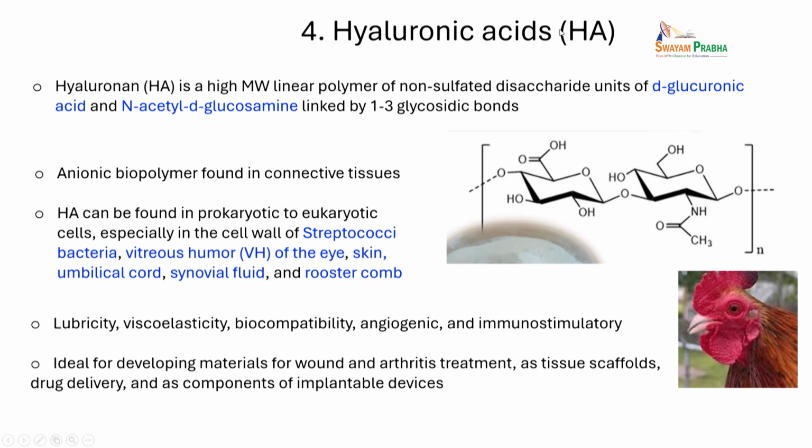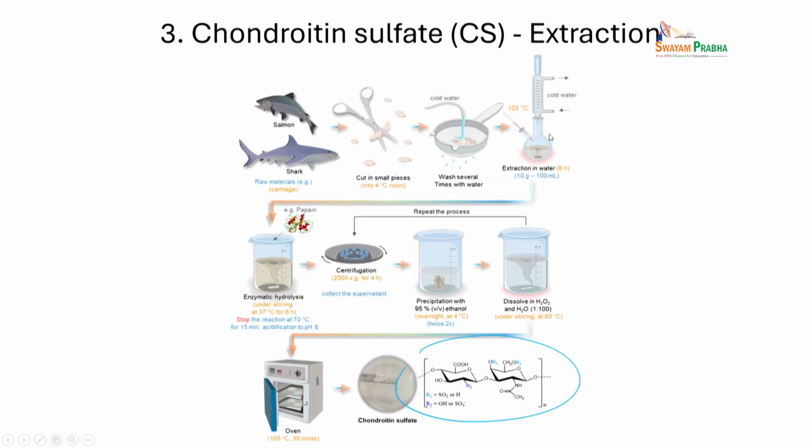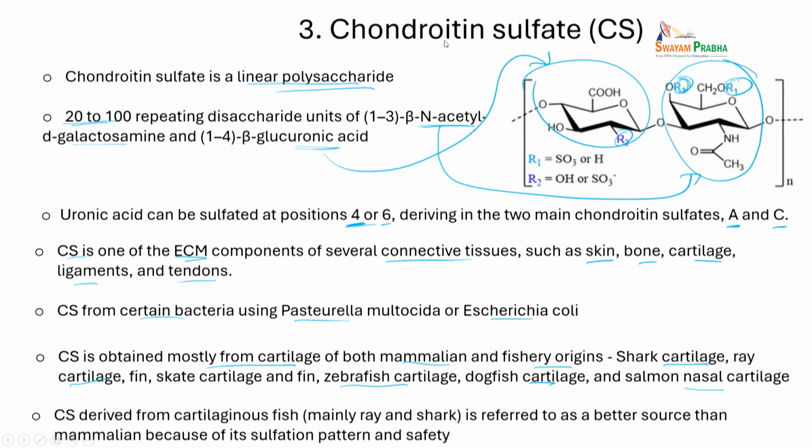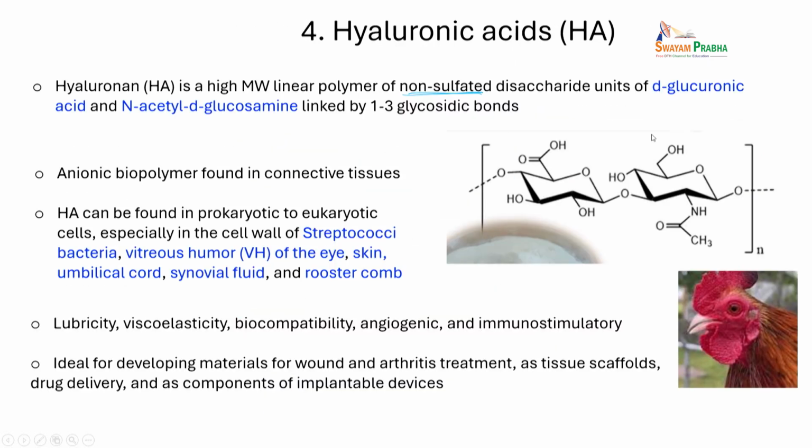Hyaluronic acid, or hyaluronan, is a high molecular weight linear polymer based on non-sulfated disaccharide units of D-glucuronic acid and N-acetyl glucosamine. It is basically the same unit as chondroitin sulfate, but if it is not sulfated, that's your hyaluronic acid.